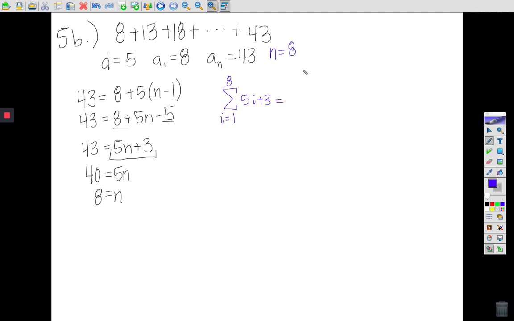That's why it's throwing me off. All right, the number of our terms times our first term and our last term over 2. That's why it threw me off, because it was both 8. 204.